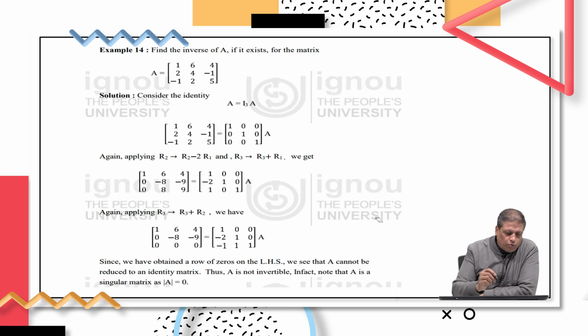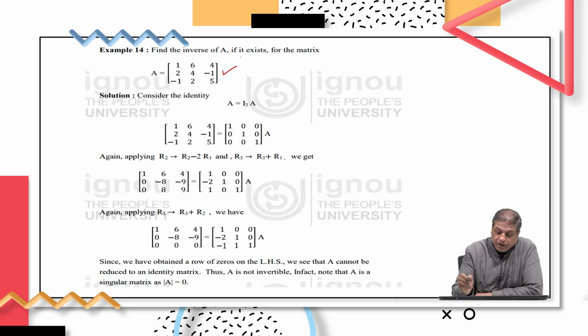There is one more example, and this is for your better understanding, because over here we need to understand that if a matrix cannot be reduced to an identity matrix, then the inverse of that matrix does not exist. Now, how can we solve this?